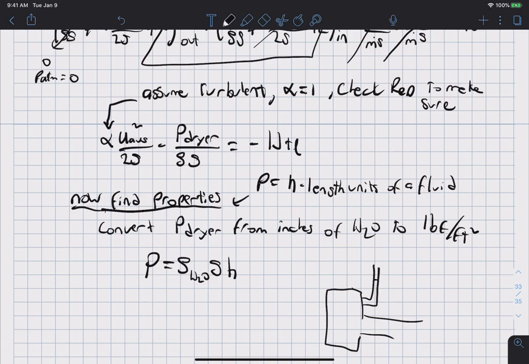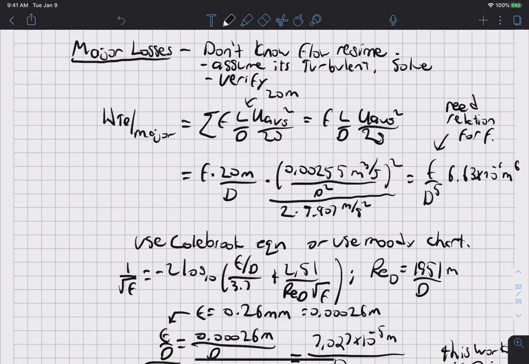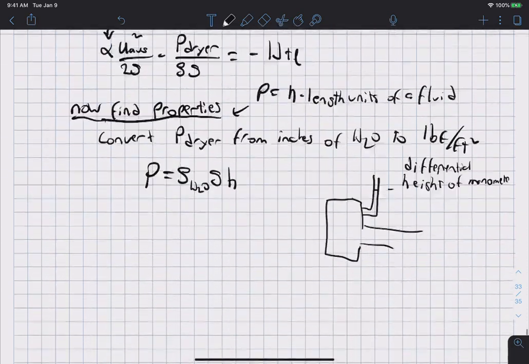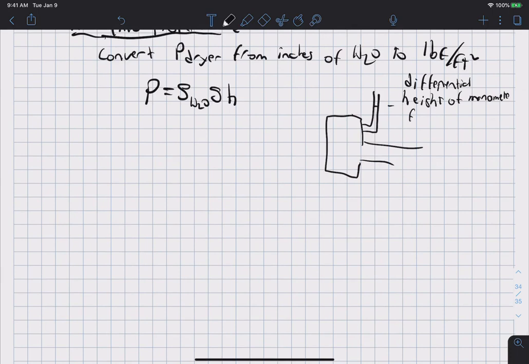Okay, and that manometer is filled with water, and the differential height of the manometer fluid is h.